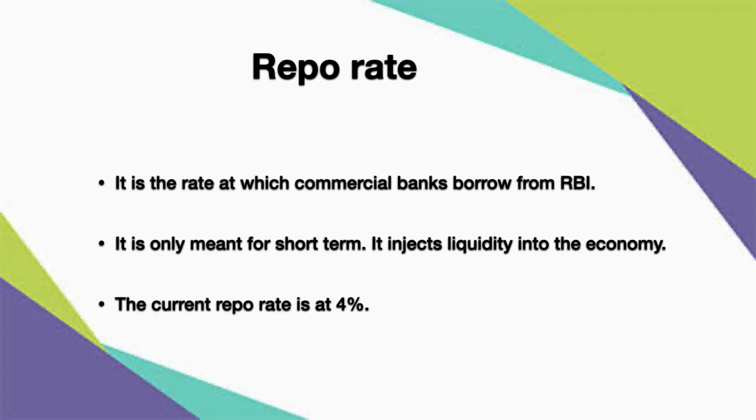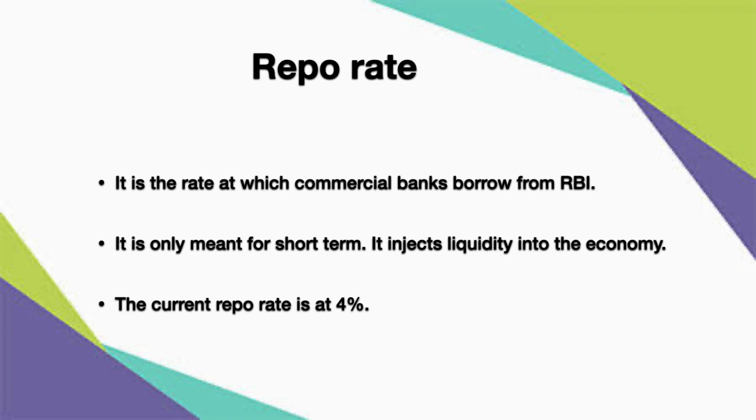So once I say repo rate, all you need to remember is commercial banks borrowing money from RBI. It is only meant for short term. It injects liquidity into the economy. What do you mean by injecting liquidity? The cash flow in the economy will increase. Now banks were running short of funds, correct?